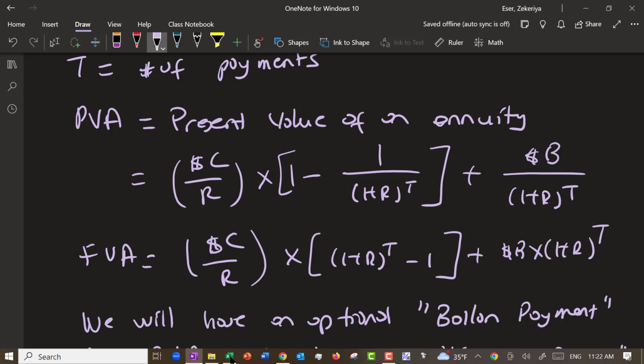We can go ahead and write the formula in Excel for all that, but as I gave a hint last time, I like to be civilized, okay? I like doing things in the easiest way possible. When a tool is available to you, you go ahead and use it. Excel actually has built-in functions for both PVA and FVA, with the optionality of a balloon payment and starting value.